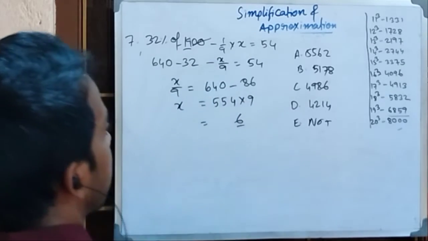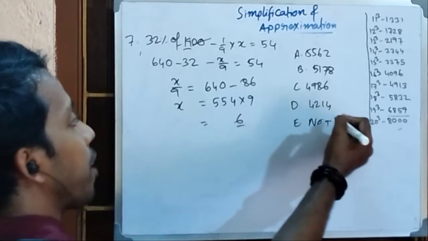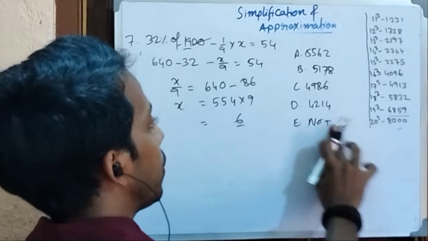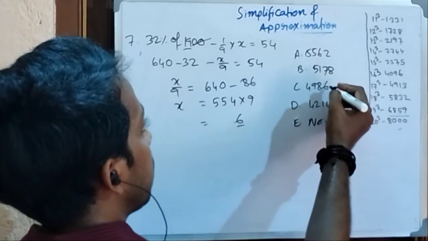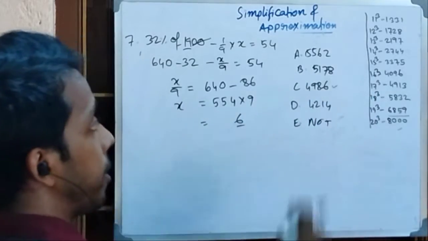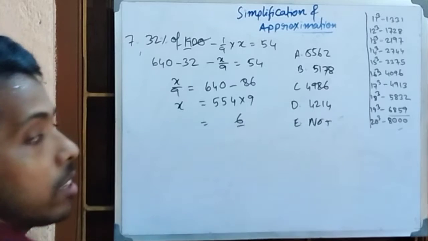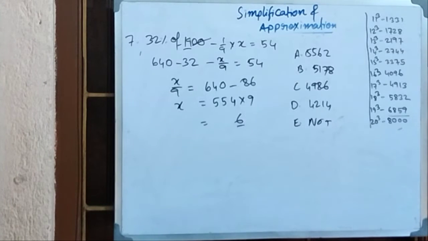So n part 6, but none of these options are given. So you can take risk, but most of the time it gives the answer, but it may not be because none of these options is there. So that's why if time permits you have to solve the whole multiplication.